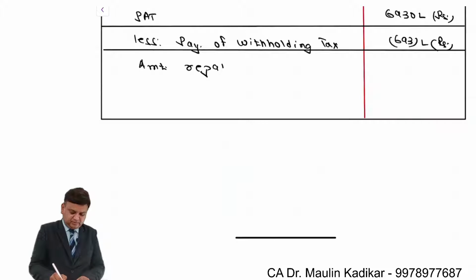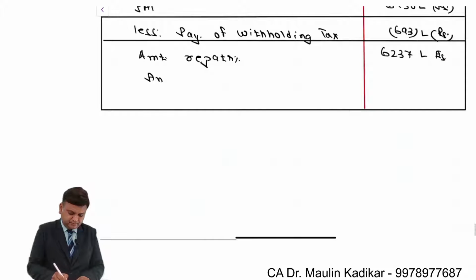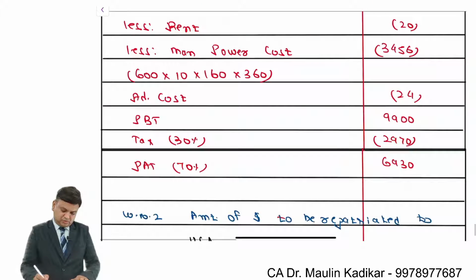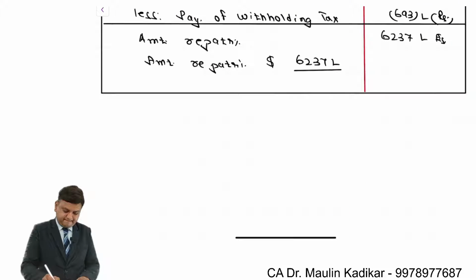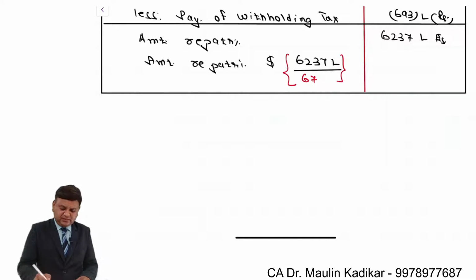So amount repatriated is 6237 lakhs in rupees term. So again the amount repatriated, which we will compute in dollar currency term, 6237 lakhs upon the exchange rate of 67 rupees per dollar. So 93.0895 or 93.09 lakhs dollar.